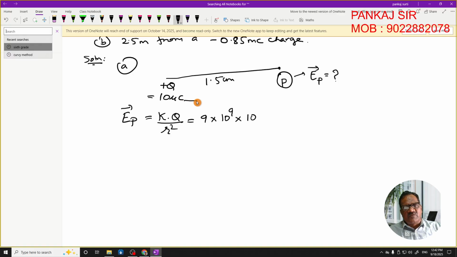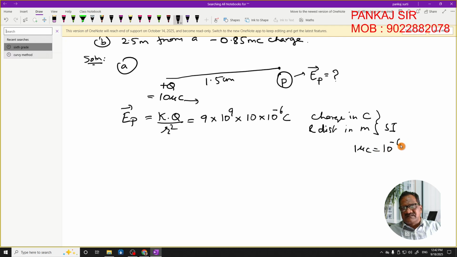Now when we do calculations, we always have to show charge in coulombs and distance in meters to follow the SI system. So this being 10 microcoulomb, I'll multiply 10 into 10 raised to minus 6, because 1 microcoulomb is equal to 10 raised to minus 6 coulomb.